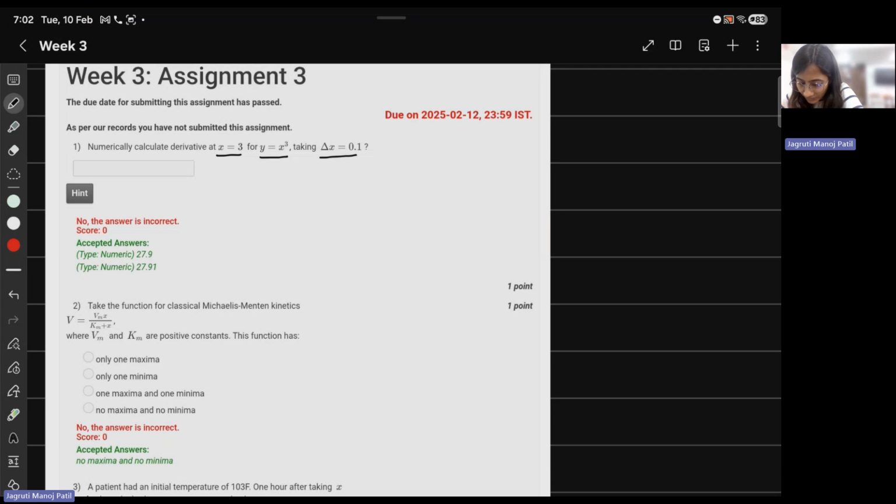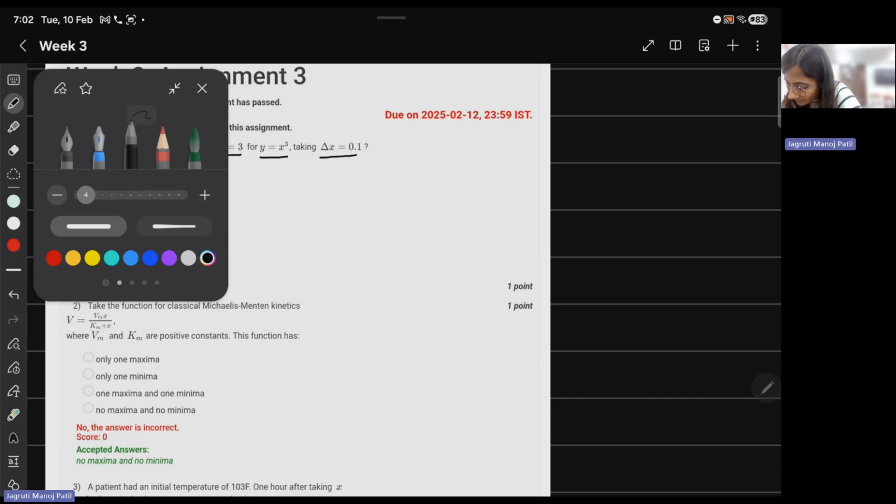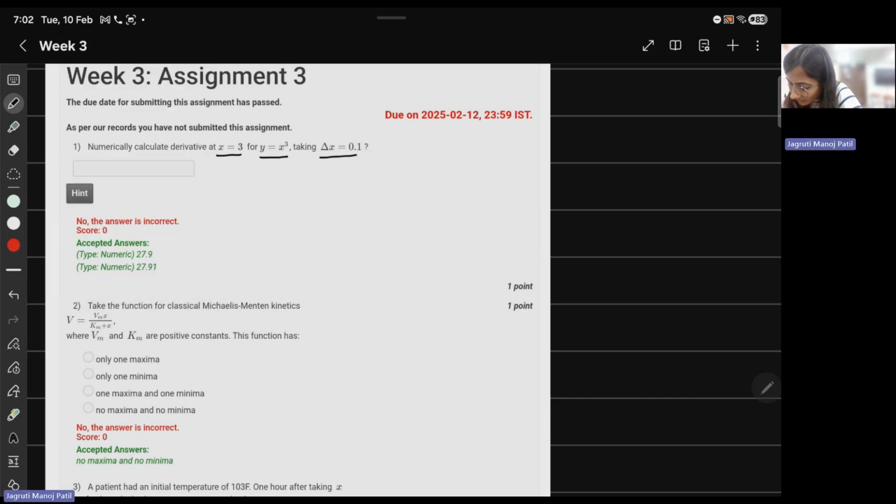So how we will do it is, let me just decrease the thickness for this pen. I never use this pen; that's why I always use that calligraphy one. Okay, so f dash of x is nothing but f of x plus delta x, your conventional formula only, minus f of x, divided by delta x.